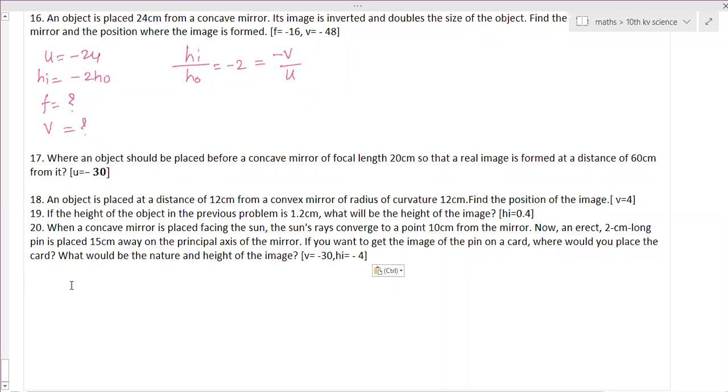Is it minus 30? Yes, right. The 20th question I know you cannot solve.